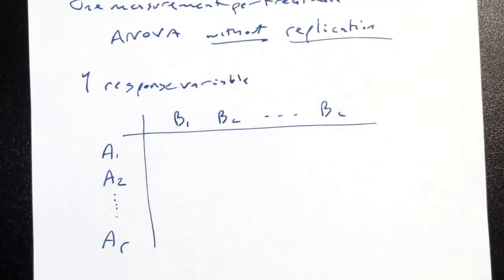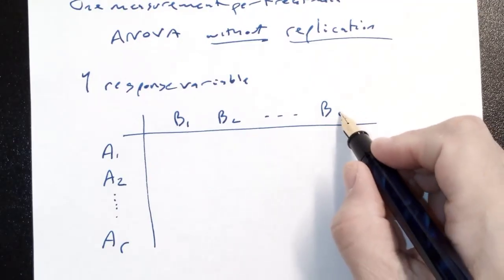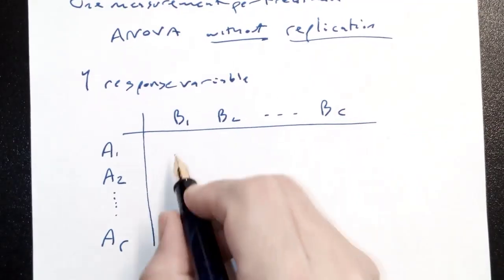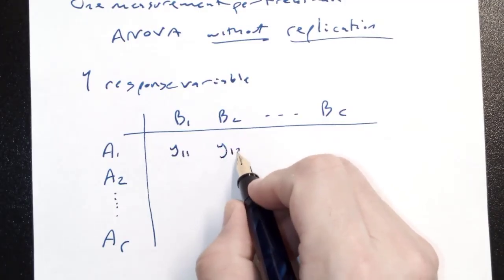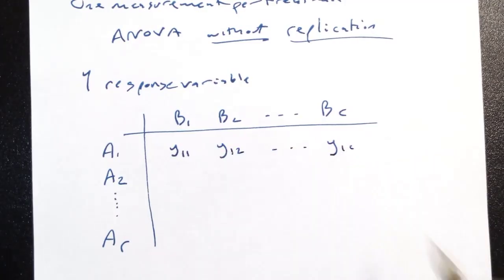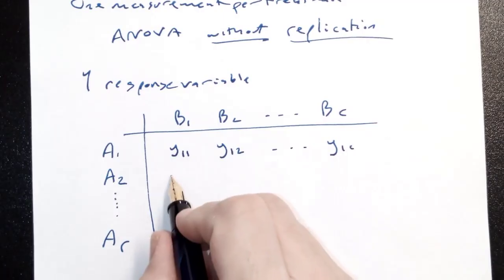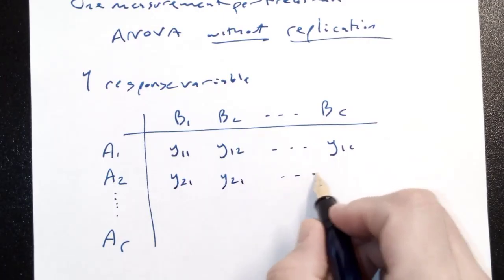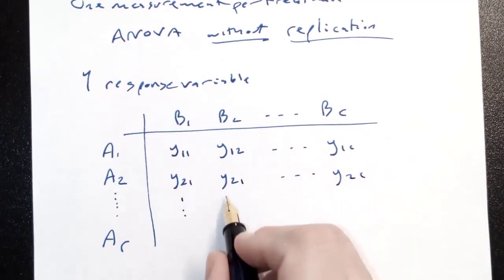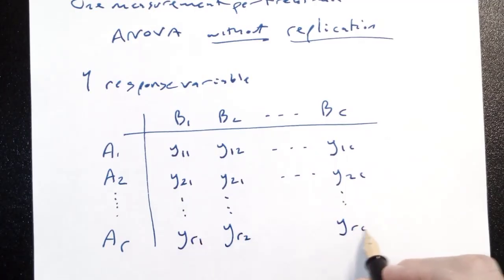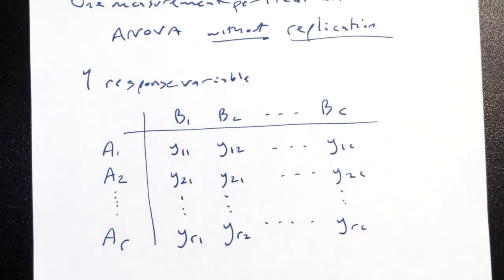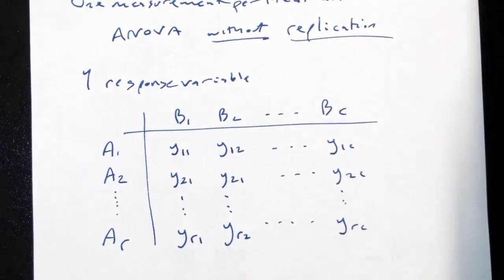And then I've got my columns, B1 through BC. And each of these has a value. There's a Y value for A1 and B1. There's a Y value for A1 and B2, all the way up to a Y value for A1 and column C. Similarly, all the way through. So each row and column combination has a single entry in it. One measurement per treatment.